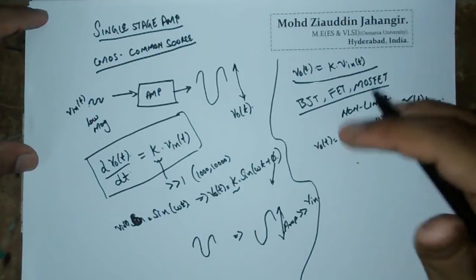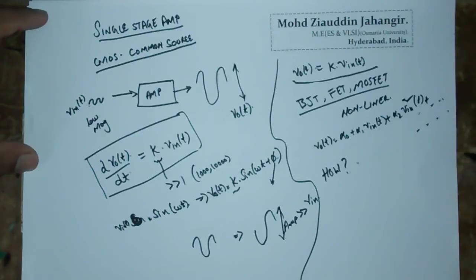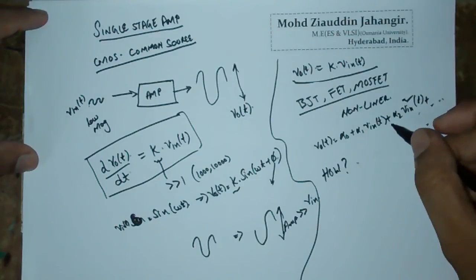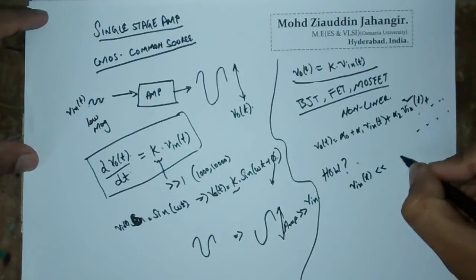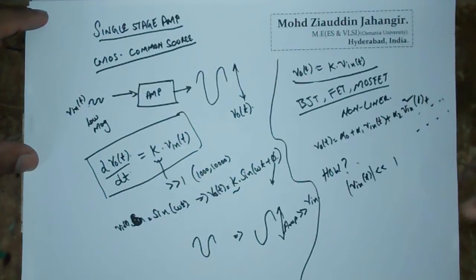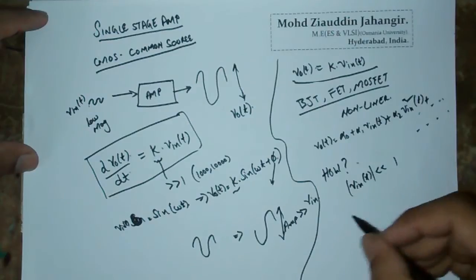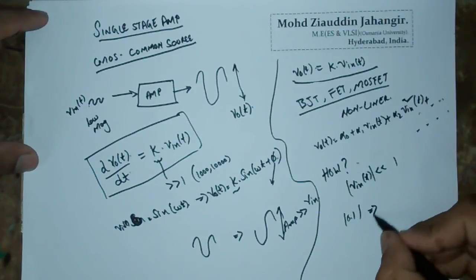Then how are we going to convert this non-linear equation to a linear equation? The approximation we make in this kind of problem is that we choose the magnitude of Vin to be very small, much less than 1. What happens when you choose a magnitude less than 1? Suppose I take a magnitude of 0.1.